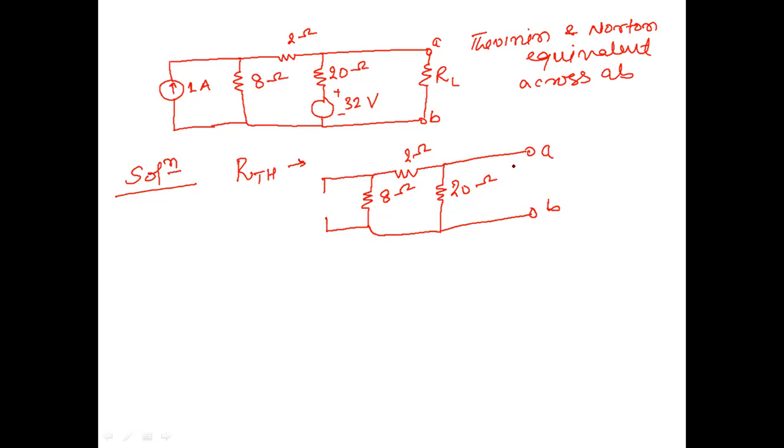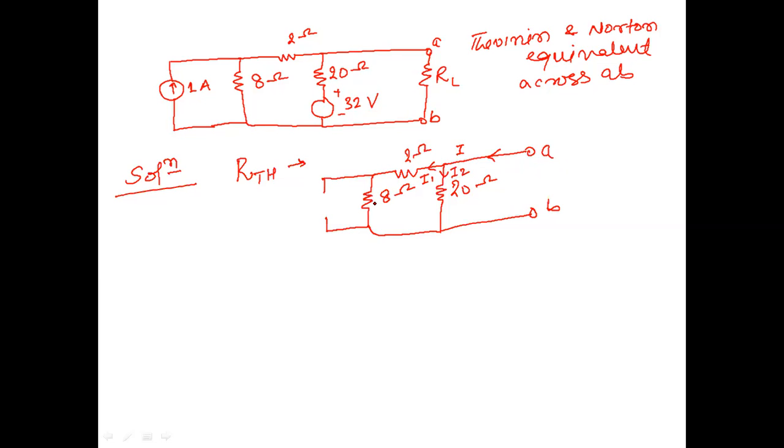Now we have to find the equivalent resistance between A and B. That A and B equivalent resistance is called Thevenin resistance. So if you see here, some current I is coming here, it will divide, I1 goes here and I2 goes here.